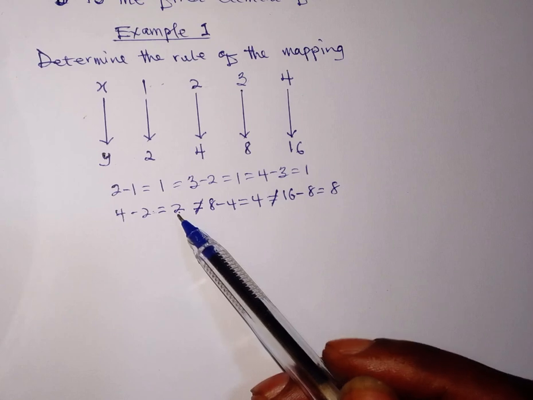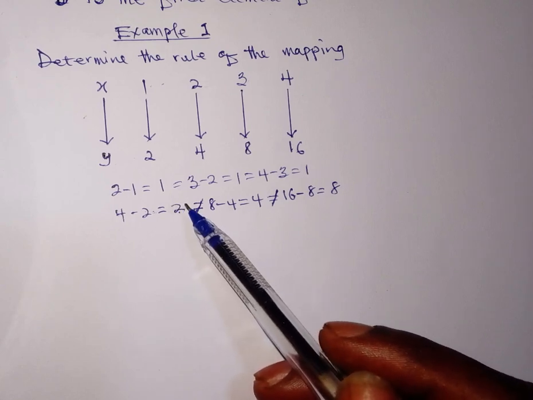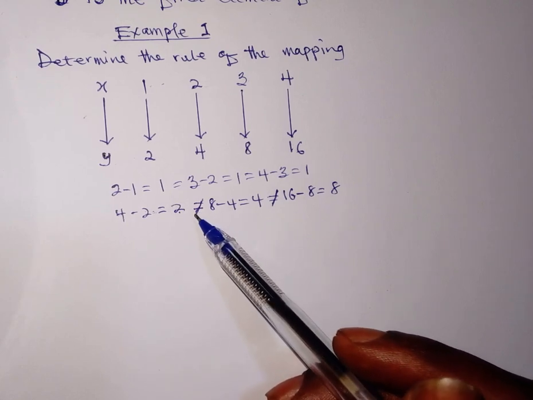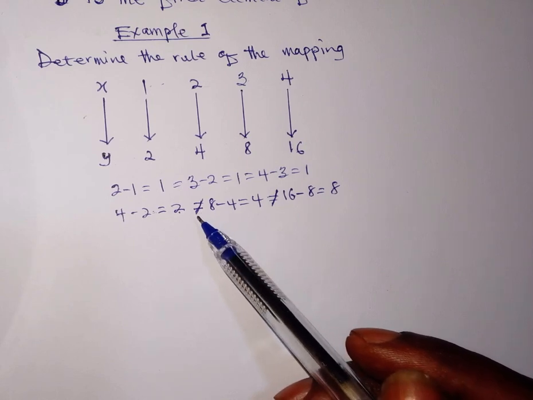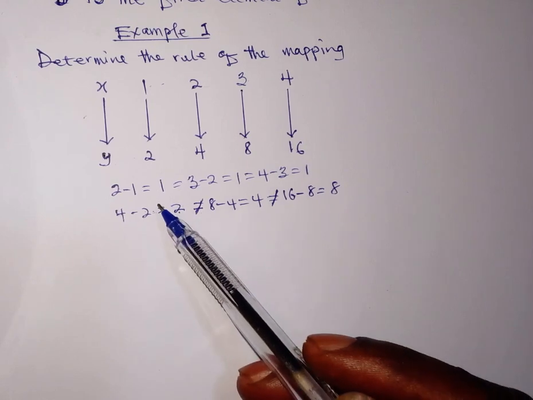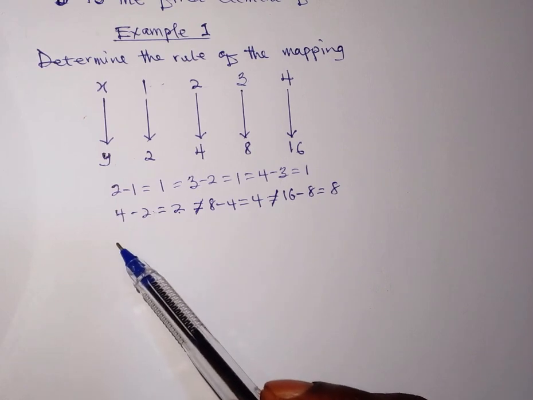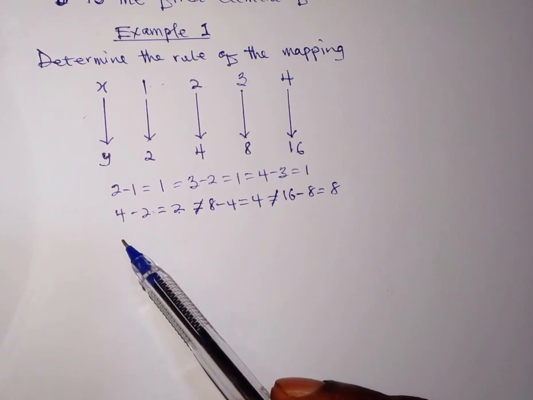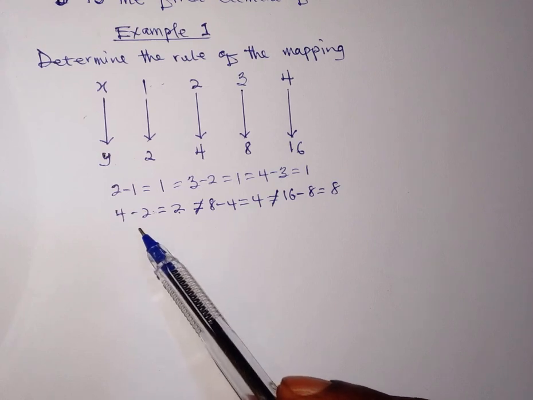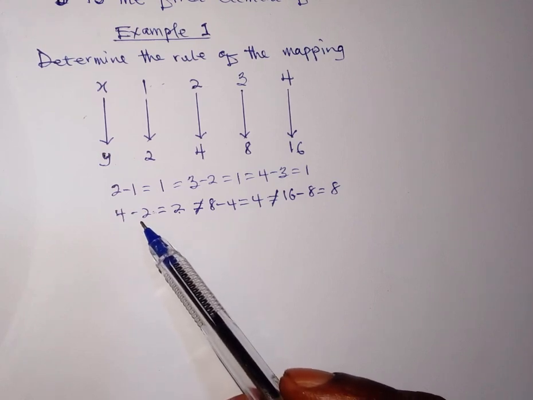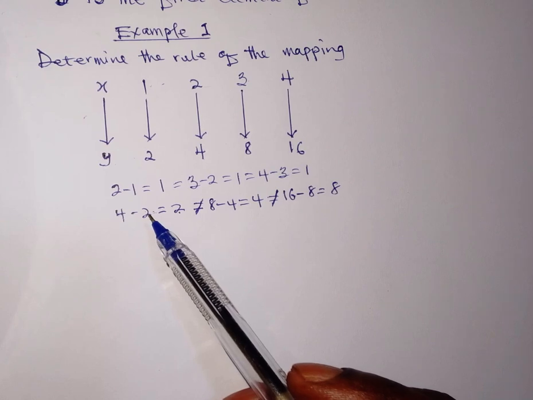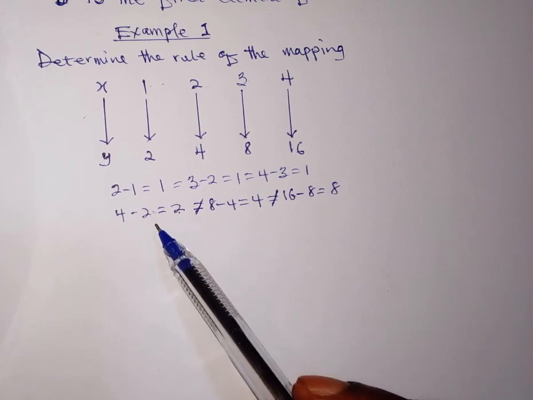Once you realize that, you then test also for exponential mapping. So it means linearity doesn't work here. We move on to exponential mapping. And what did we say about exponential mapping? We are saying that when you realize that there is a common ratio of consecutive elements in the codomain, then we have an exponential mapping.